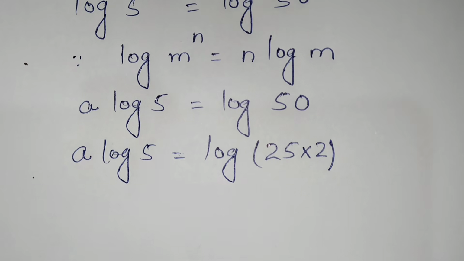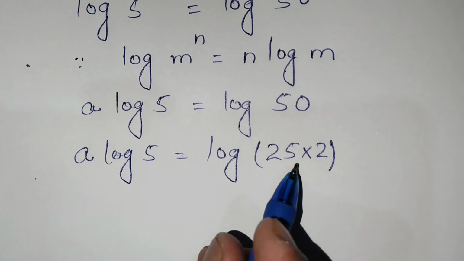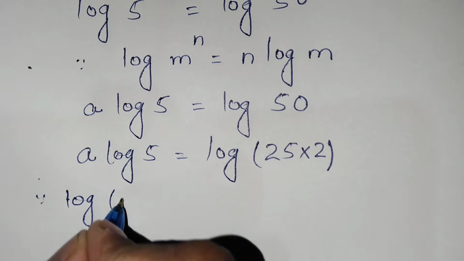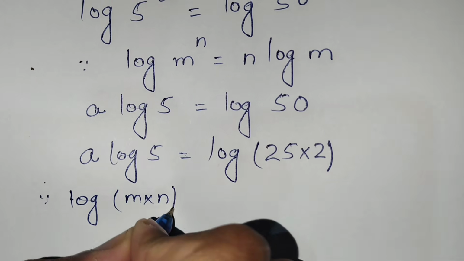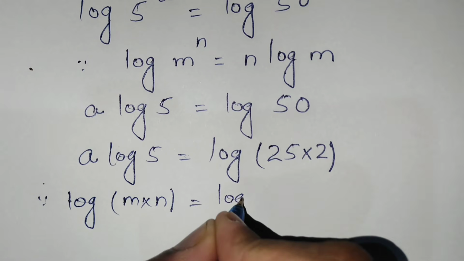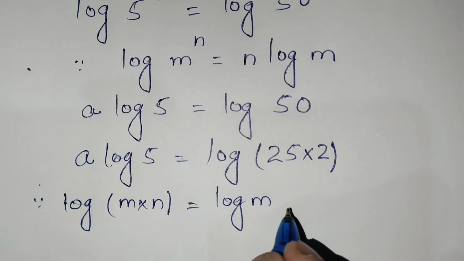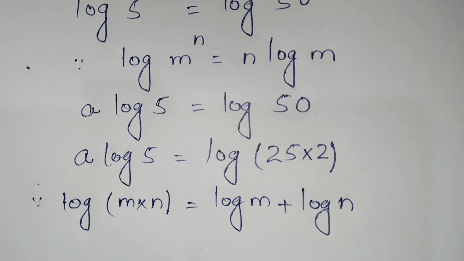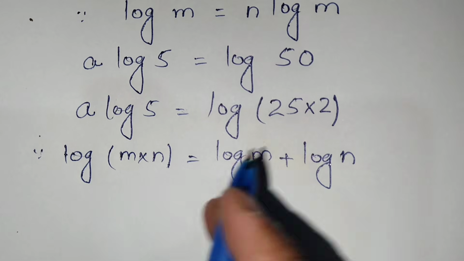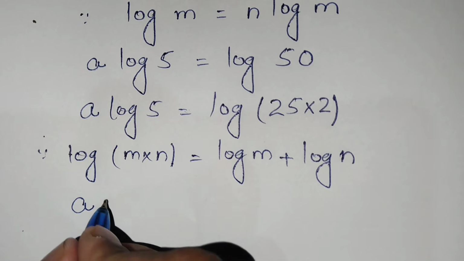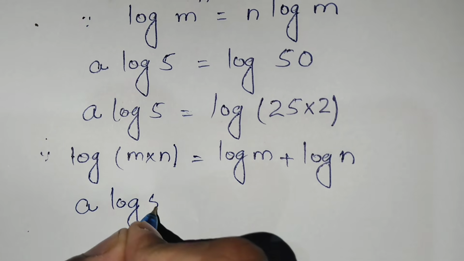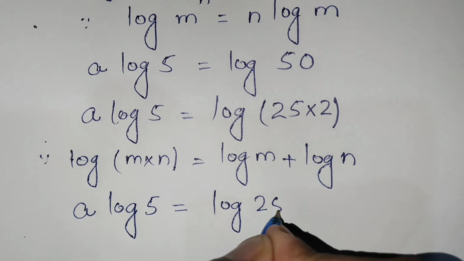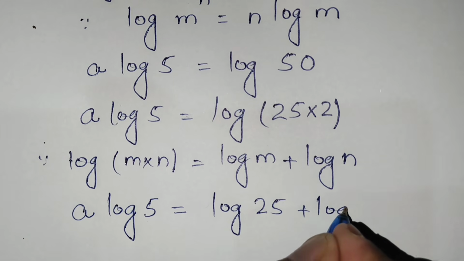Use the product rule of log: log of m times n equals log of m plus log of n. So our equation now becomes a times log of 5 equals log of 25 plus log of 2.